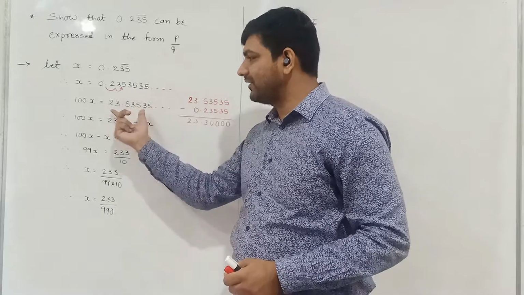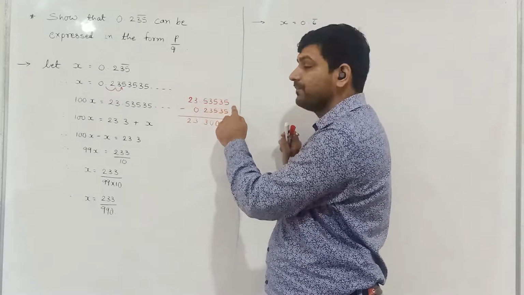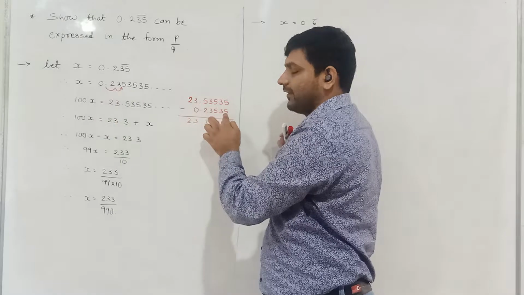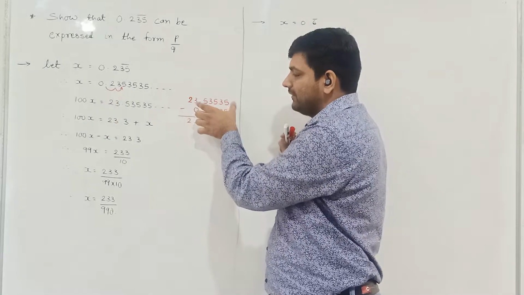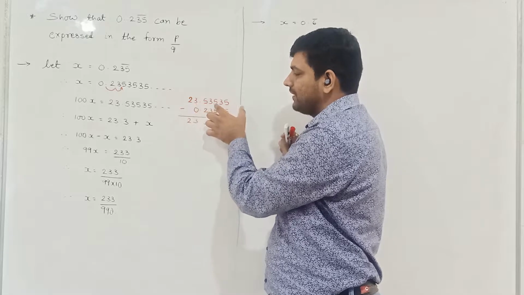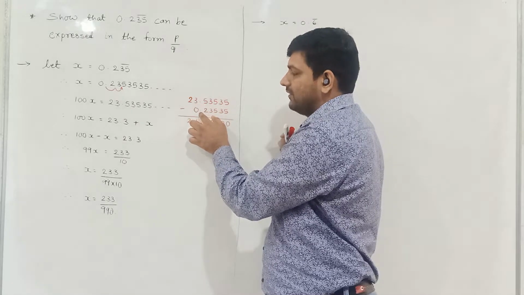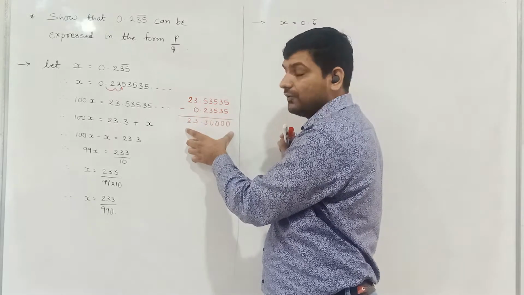Whatever we get, 35.3535, subtract with the x, 0.353535. So finally, we subtract 0.3535 from this number.